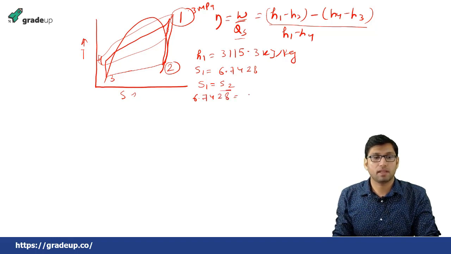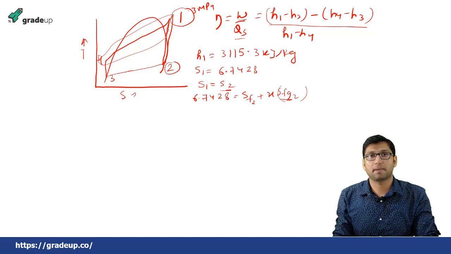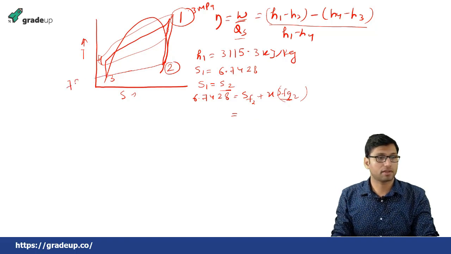Now S2 will be equal to SF2 plus X times SFG2, where SFG2 is the entropy change from liquid to vapor. This is at 75 kilopascal pressure of the condenser, and this is 3 megapascal.